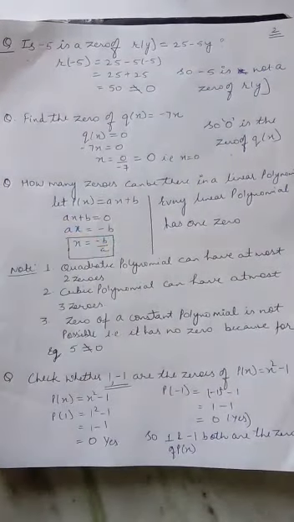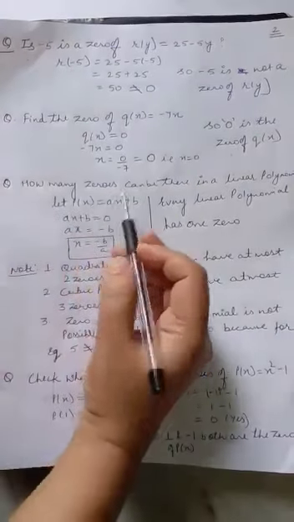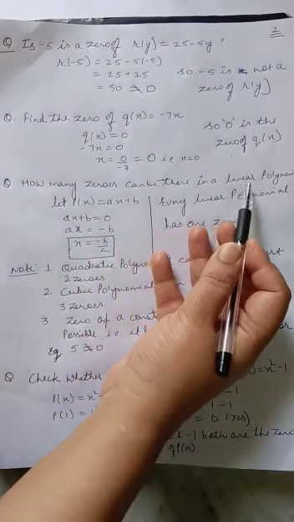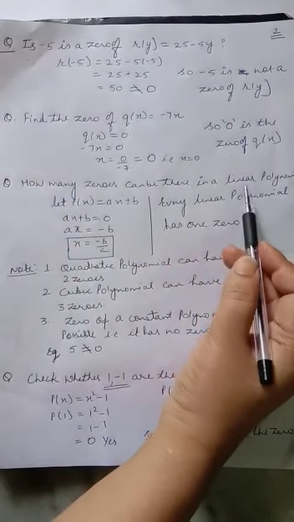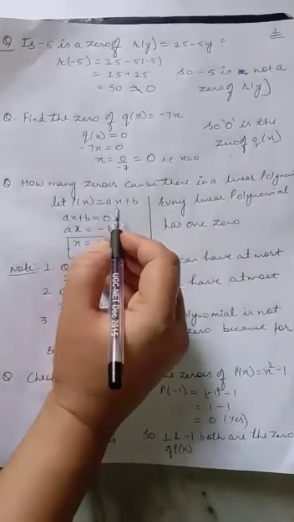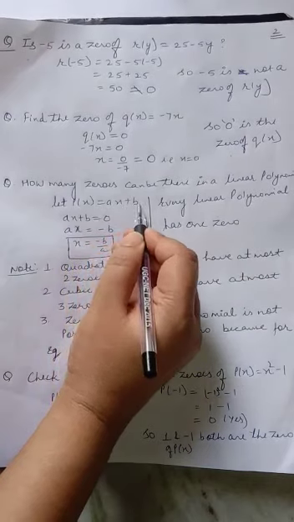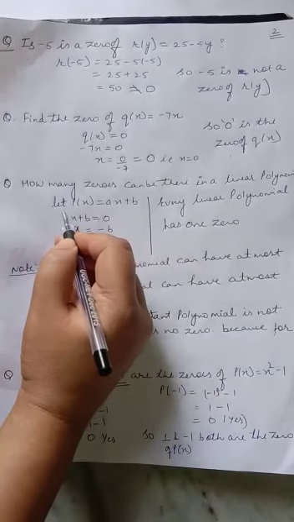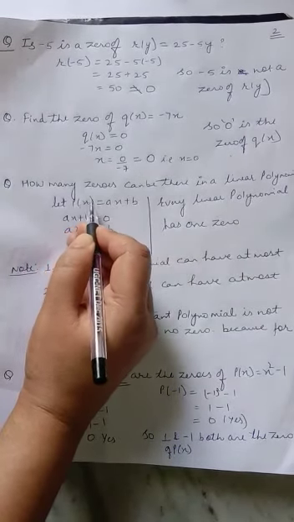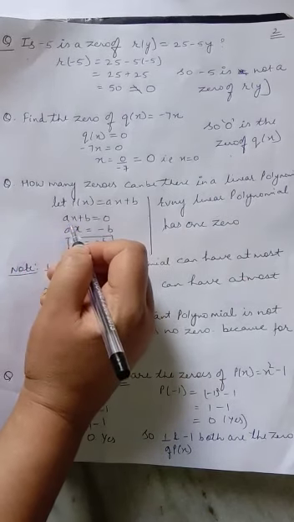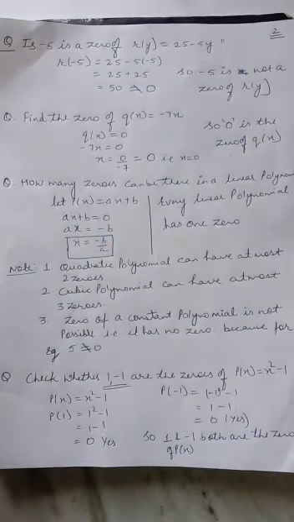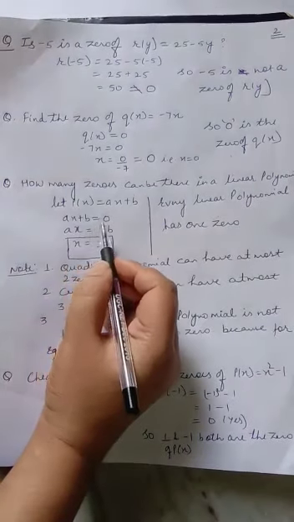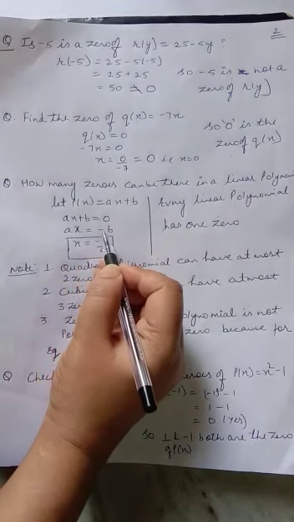Now, one more question. How many zeros can be there in a linear polynomial? We know the generalized form of a linear polynomial is ax plus b. So we have assumed let p(x) is equal to ax plus b. ax plus b is equal to 0, the way we find out the zero of the polynomial. So this goes on the right hand side.